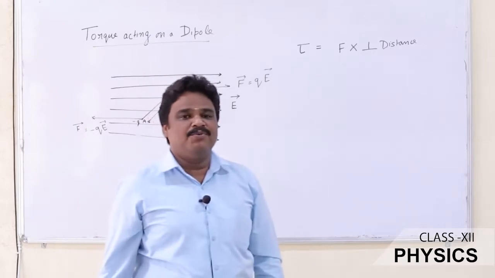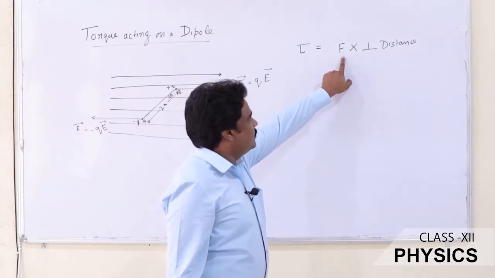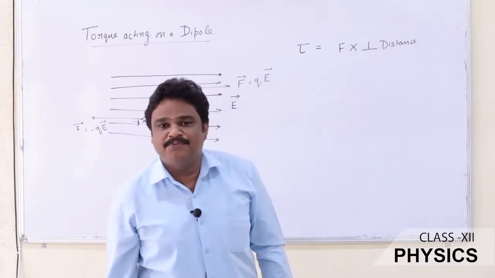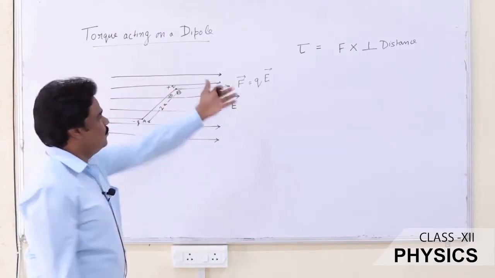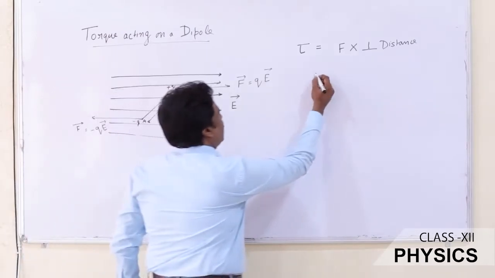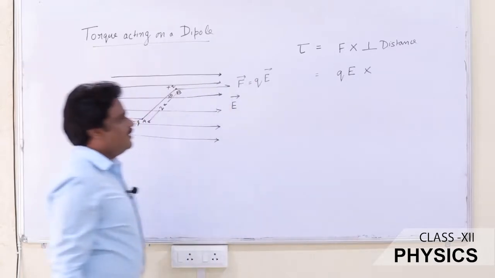I think from 11th you know the concept of torque. Once again, torque is the product of either force and the perpendicular distance of line of action of force from the axis of rotation. Since the two forces are equal in magnitude, I can take any force. So I am going to mark it as F, which can be written as QE.